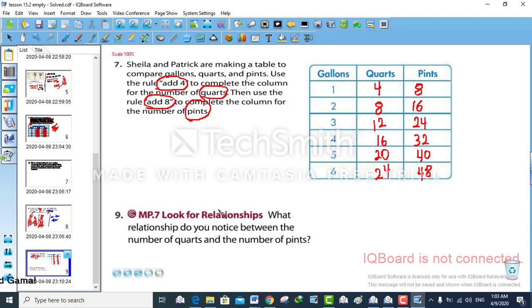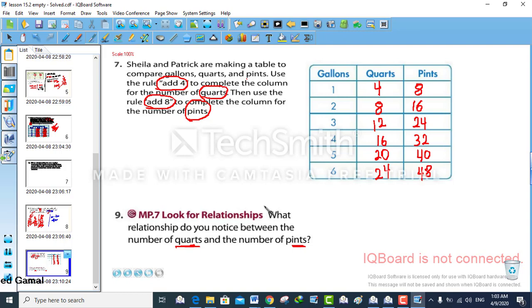Now he's asking us, what relationship do you notice between the number of quarts and the number of pence? As you see, 4 is going to be 8, 8 is going to be 16, 12, 24. So what can you see between this number and that number? Of course, the 4 to be 8, I'm going to multiply it by 2, double it.